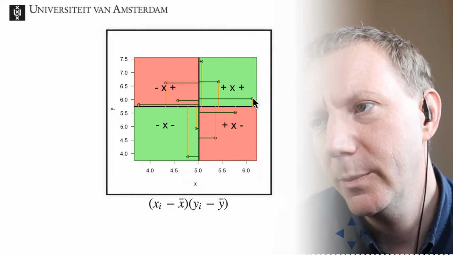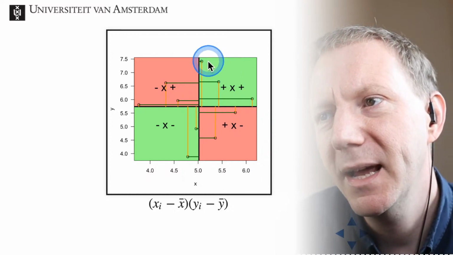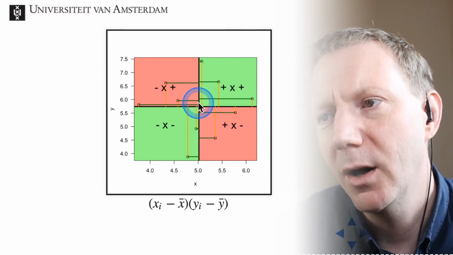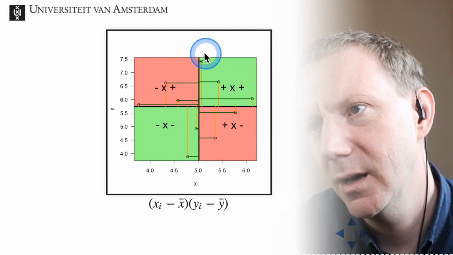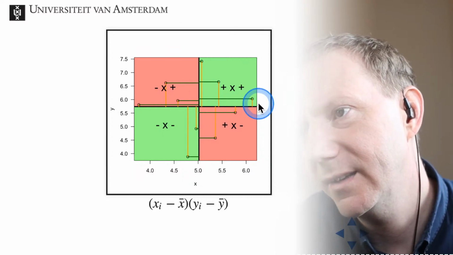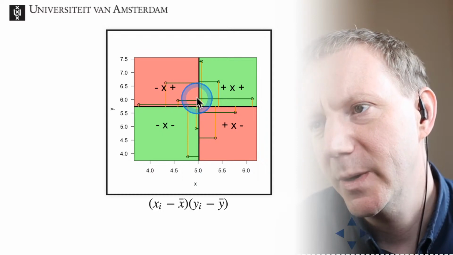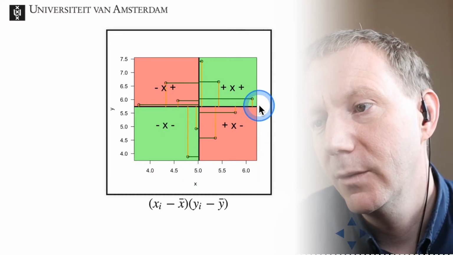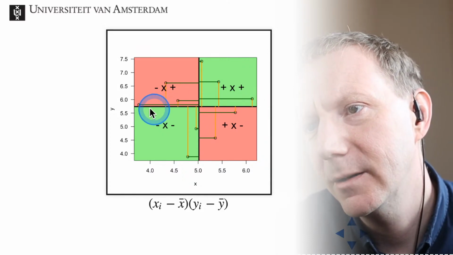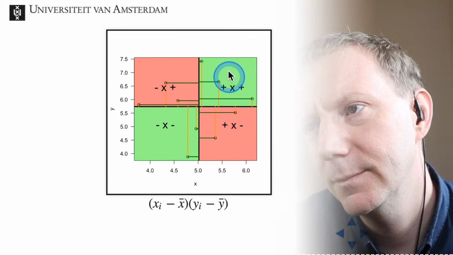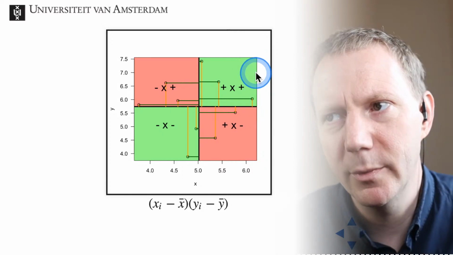So multiplying a positive number by a positive number gets you a positive number. Everything on the right side of the mean of x is positive, and for the y variable, everything going up from the mean of y is also positive.